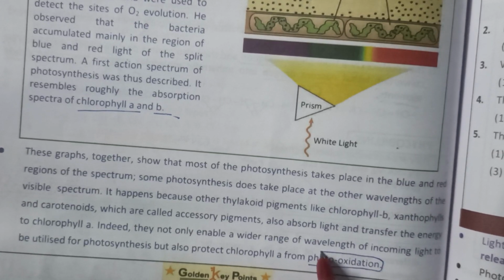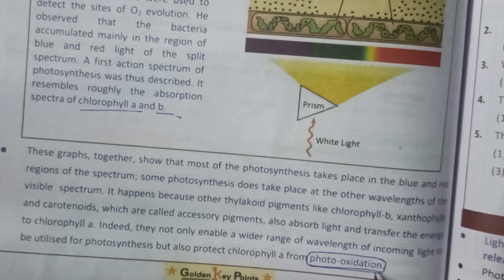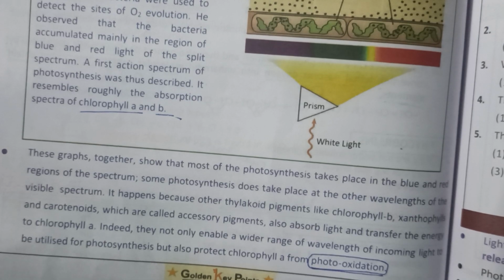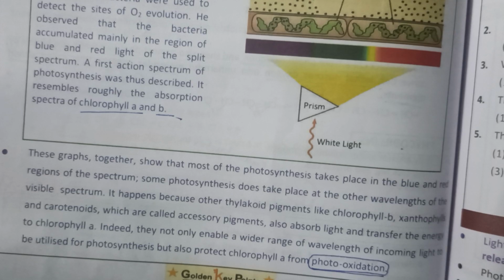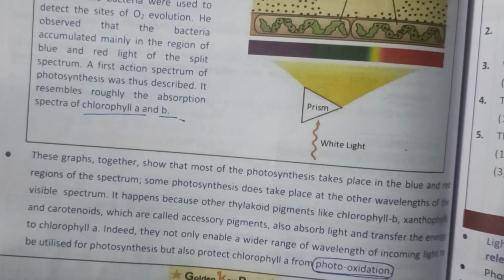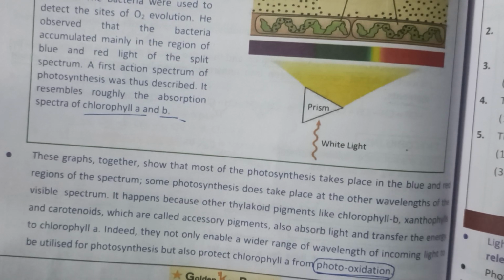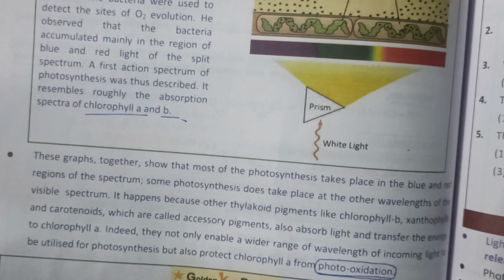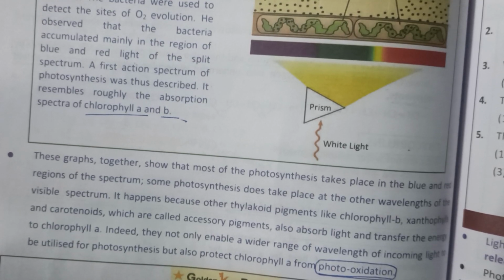Why are accessory pigments present? What is the function of accessory pigments? If they ask, the first answer is to prevent photo-oxidation. The second answer is that they help in the absorption of light at various wavelengths, like carotenoids and phycobilins, which can absorb light in different wavelengths because of their different colors.